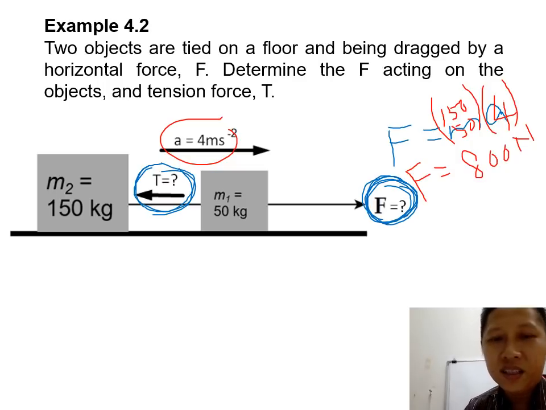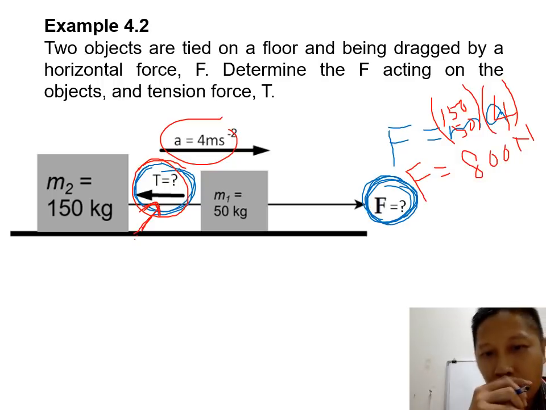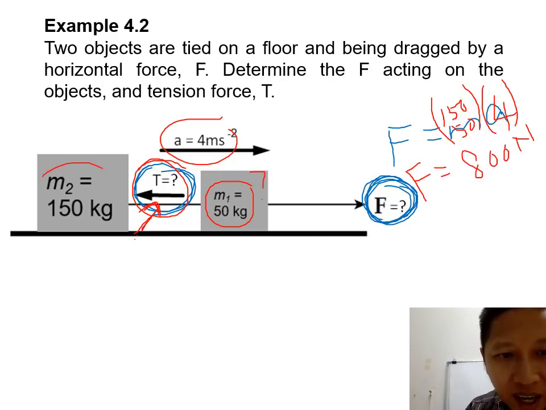The next question is, we want to know the tension applied to the rope here. If the rope can answer us, rope, who are you pulling? Are you pulling the 50 kilograms? Or are you pulling the 150 kilograms? Or are you pulling both?